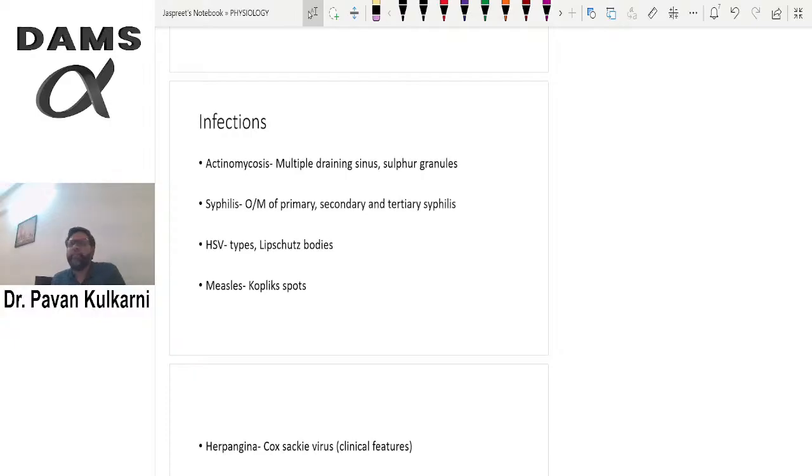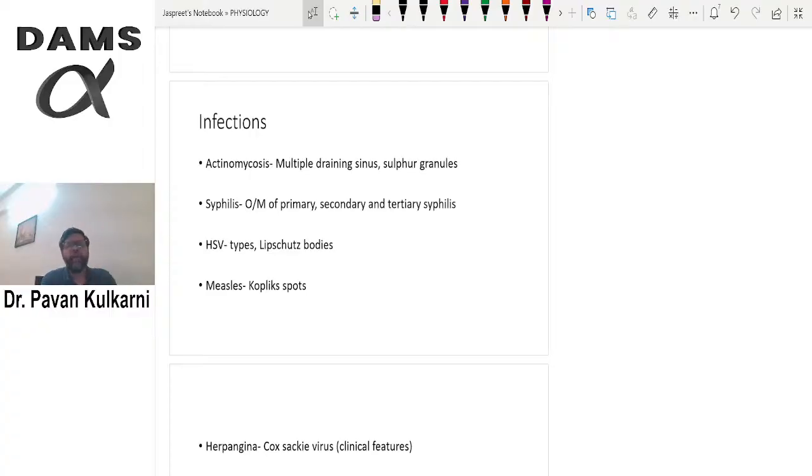And syphilis, typically you're supposed to know about the oral manifestations of the different stages of syphilis. Like chancre, you should know about mucous patches, you should know about the gumma, you should know about Hutchinson's triad, all those things. Syphilis diagnosis is also very commonly asked.